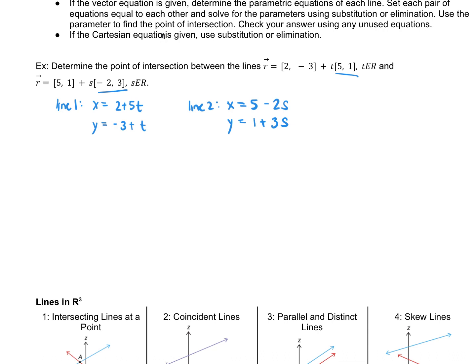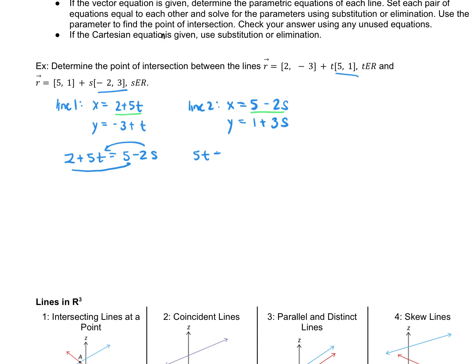Now, we're going to start with our x's. X is equal to 2 plus 5t and 5 minus 2s. So let's set them equal to each other. And I'm going to clean this up a little bit by doing a little swapping.